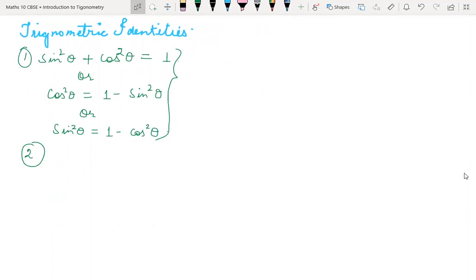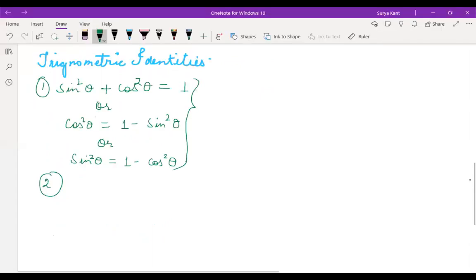Sec square theta minus tan square theta is equal to 1. Okay, sec square theta minus tan square theta is equal to 1. Fine.